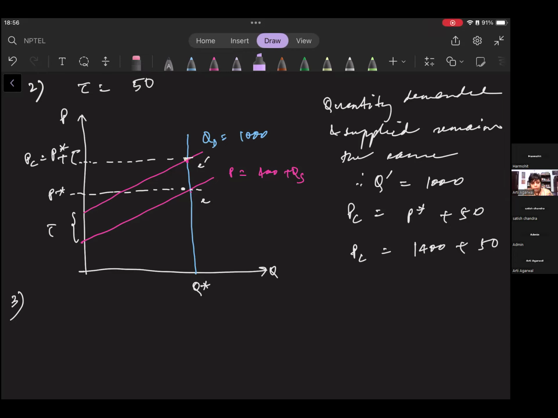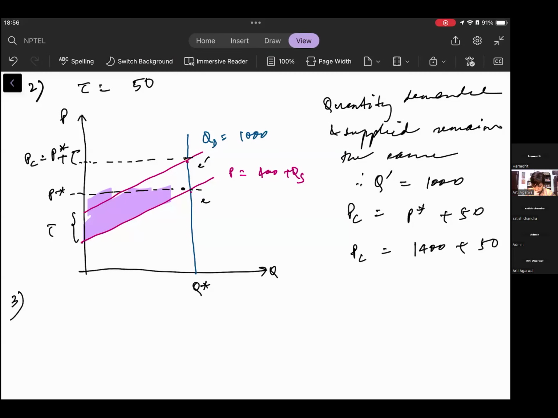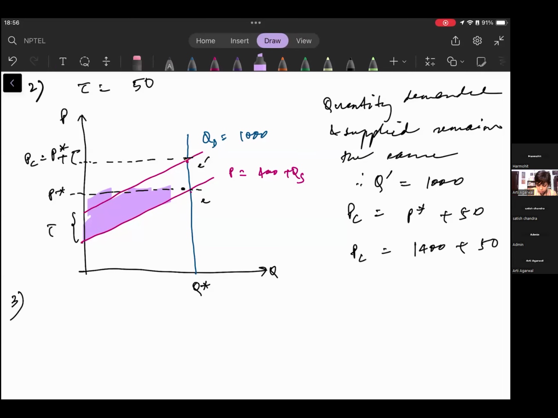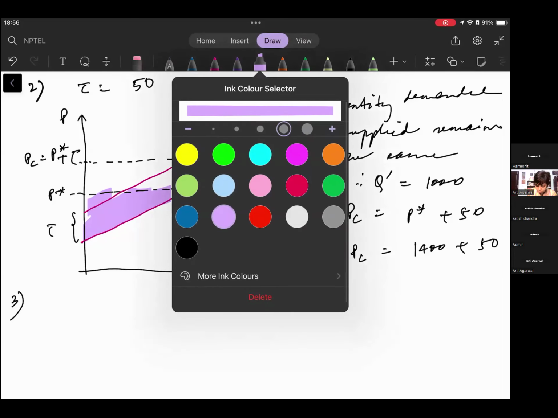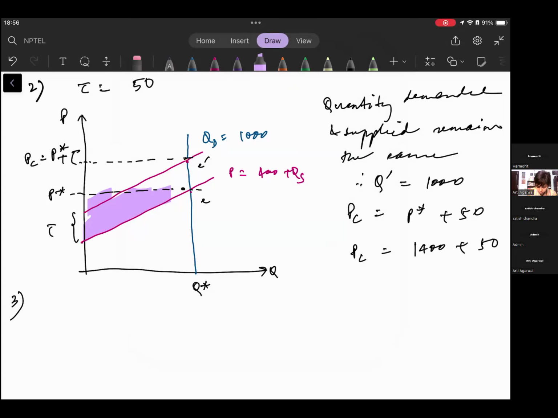The producer surplus is basically the area between the supply curve and the price line. So this is your producer's surplus. It's not a very accurate drawing.